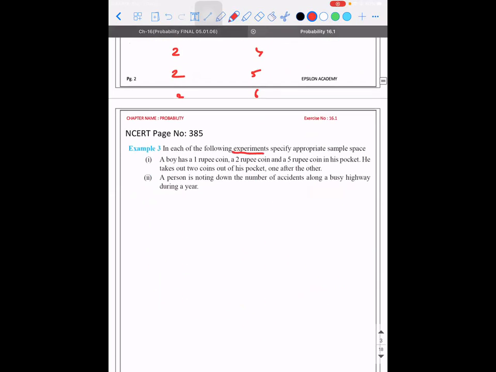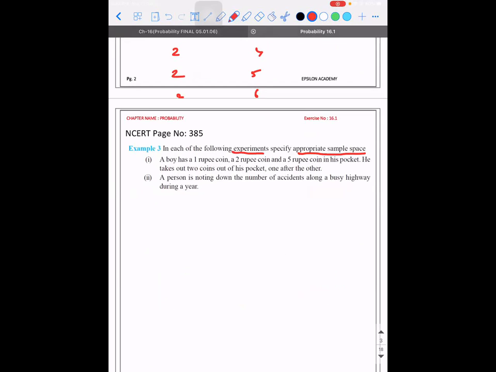In each of the following experiments, specify the appropriate sample space. A boy has a 1 rupee coin, a 2 rupee coin, and a 5 rupee coin in his pocket. He takes out 2 coins out of his pocket, one after the other. Similarly, the second one: a person is noting down the number of accidents along a busy highway during a year.